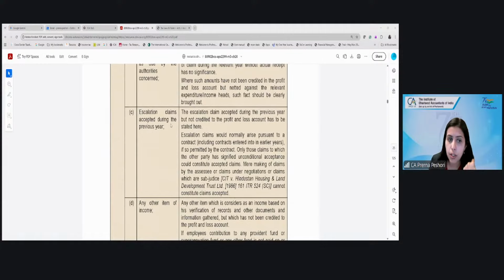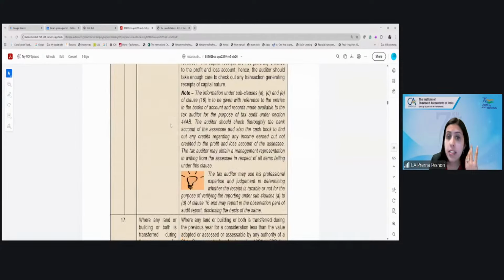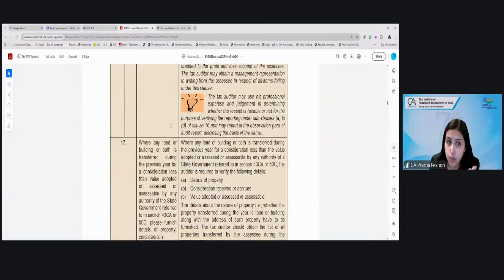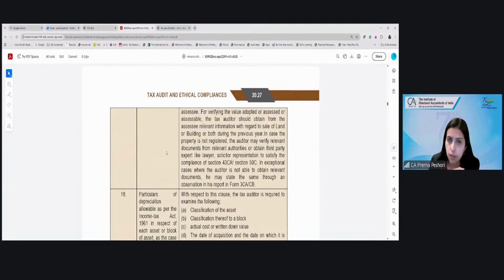Escalation claims accepted during the previous year or any other item of income. Capital receipt, if any capital subsidies which are there. All that needs to be reported over here. Then whether any land or building is transferred during the previous year for a consideration less than the stamp duty value, you need to report that over here.